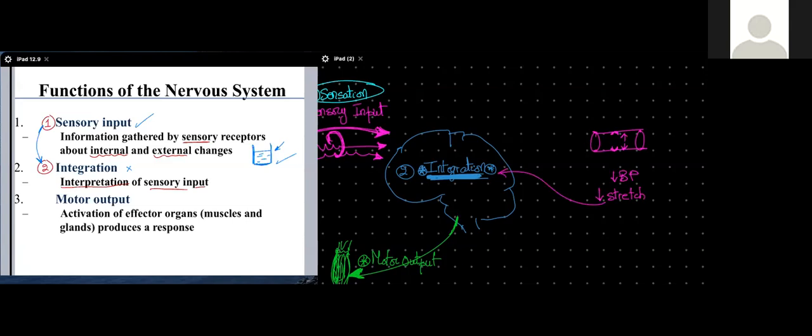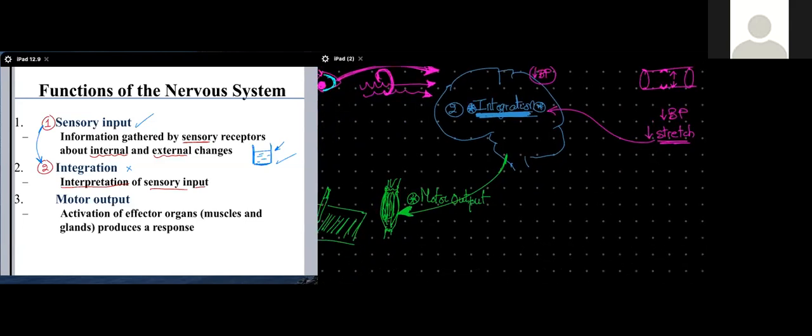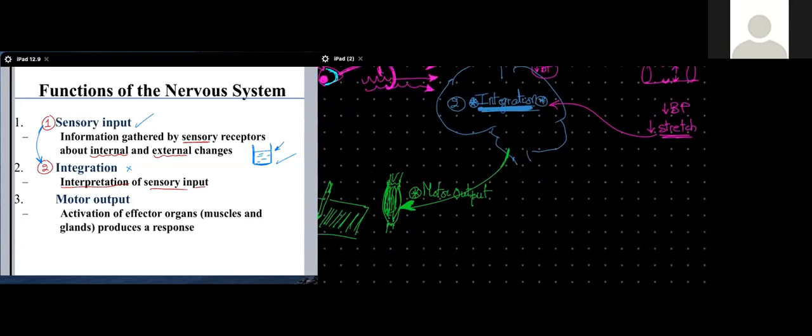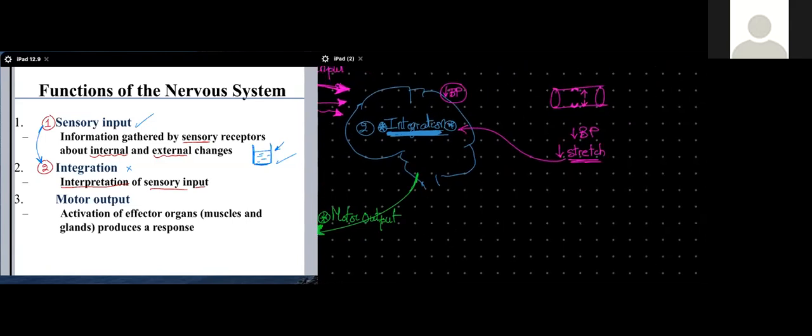Your brain interpreted as low blood pressure. It translates the signals that it did receive, that there is a reduction in the degree of stretch in the wall of the artery, as a reduction in the blood pressure. And accordingly, it's going to be responding, sending out a motor output.